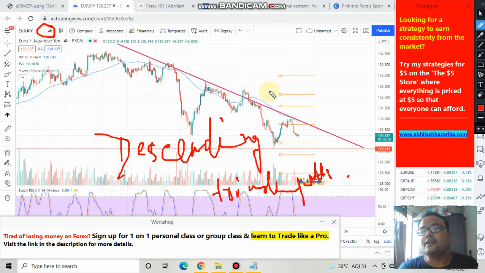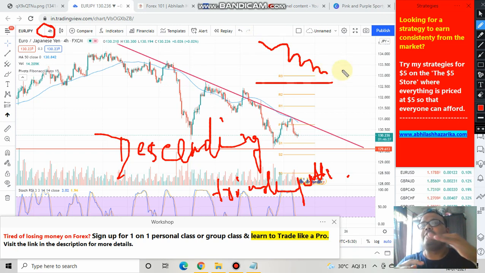In a descending triangle pattern, we get a support, and we get a market where the market forms lower highs, which means that though the market is having a proper, strong support, whenever the support is pushing the price upward, sellers are pushing the price down again, and as a result the market forms lower highs.